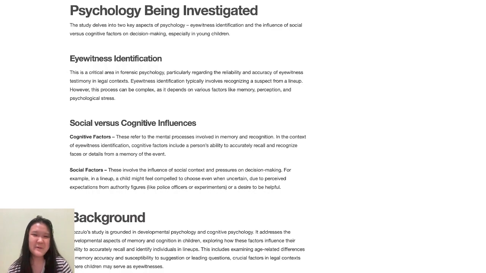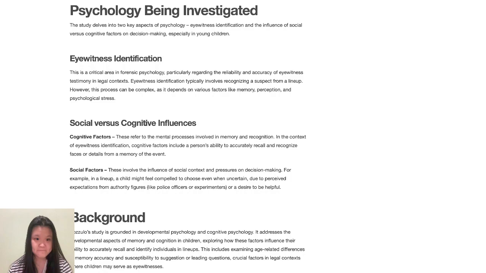But anyway, what happens in eyewitness identification? Do you know? I think the child is presented with pictures, and they're told to choose which one they recognize as the person who did it. So there'll be suspects, and the child has to pick. Yes, okay. And what can affect this eyewitness identification?